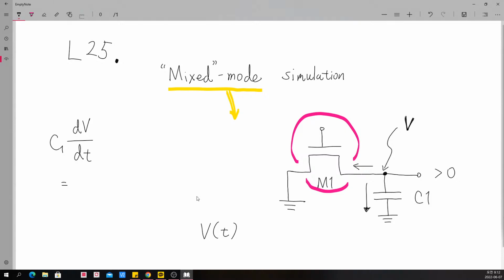The drain current is, once again, a function of gate bias and drain bias. However, in this case the drain bias itself can be written as V over T, and we assume that this is a given voltage.